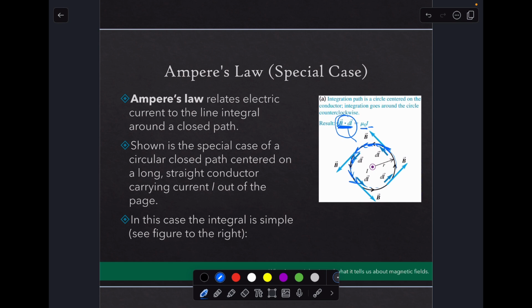So you can see the analogy there with Gauss's law, right? With Gauss's law in electric fields, we had E dot dA, so the electric field enclosed in a surface gave us the charge enclosed over a constant, right?